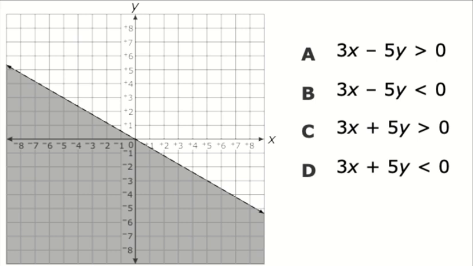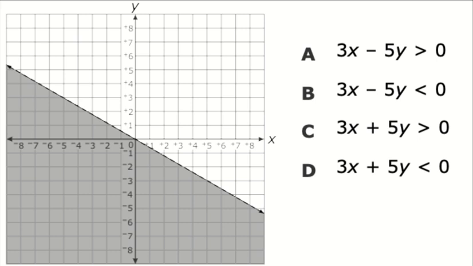Yeah, some of them have the minus 5y, some of them have the plus 5y. What that affects is, one, whether we flip the inequality sign or not, but it also affects the slope, right? So the slope on our line in the graph, is that positive or negative? Negative. This is a negative slope. We don't have to actually figure out what the slope is because all of them have the same coefficients, right?